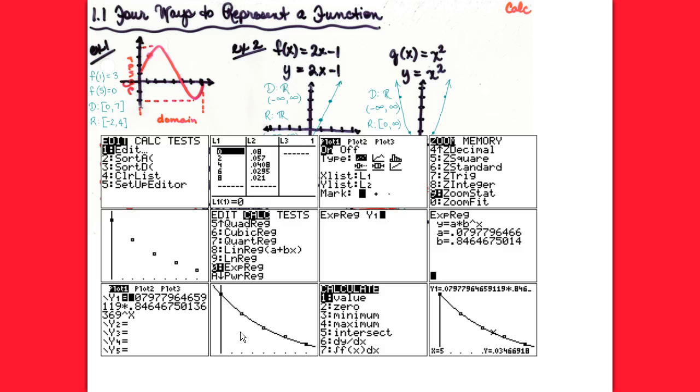We took something that was represented numerically in a table of values, we switched it to visually with a graphic representation, and now we've switched it to an algebraic representation where we've created an equation to fit it, right? And then we can utilize that equation to plug in 5. So I just used the value feature on my calculator to plug in 5 and get that much more precise estimate. Still an estimate, but much more precise.